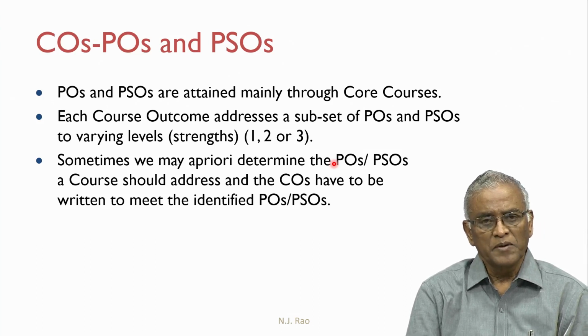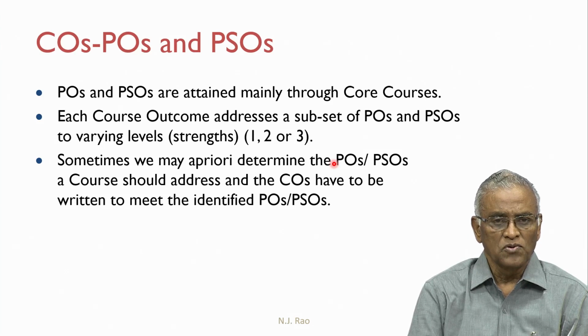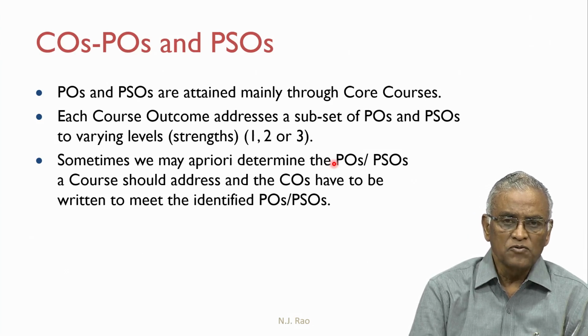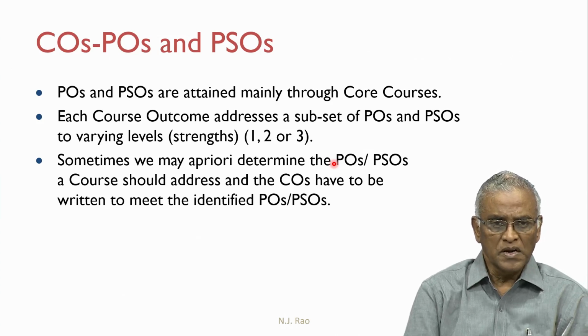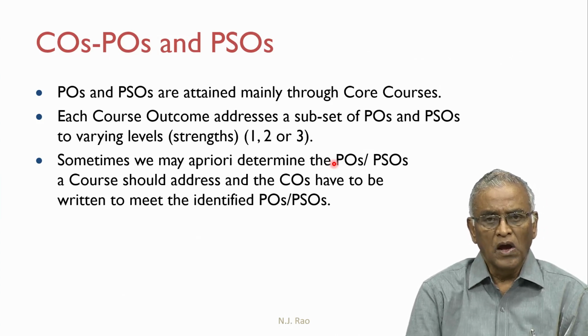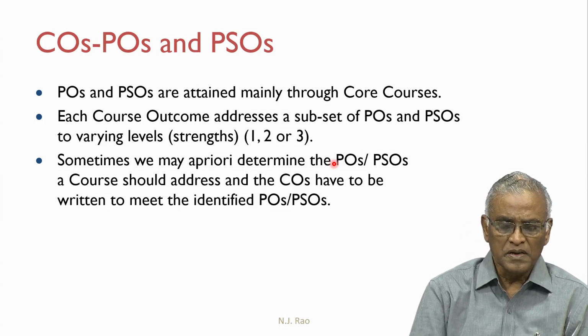For example, I may be slightly addressing a particular PO, or I may be addressing a PO moderately, because every PO has several key phrases, and when you look at a particular course outcome, all the key phrases may not be applicable to that particular stated outcome.